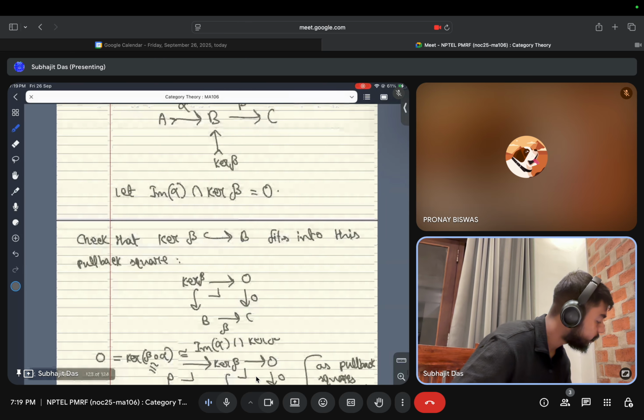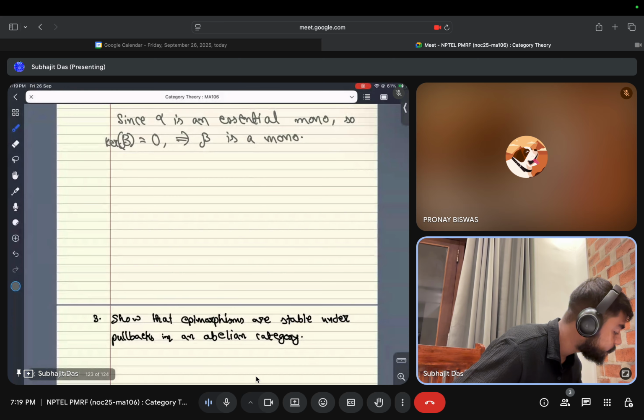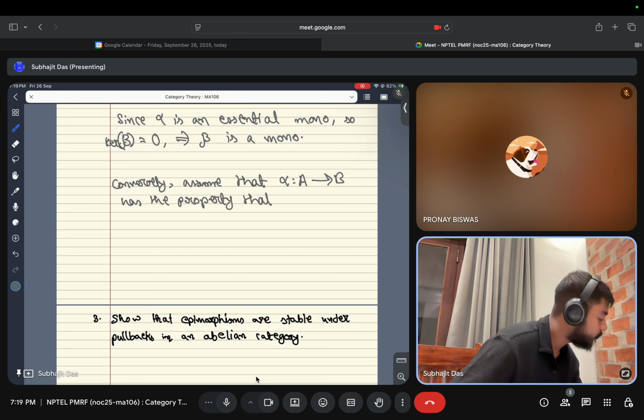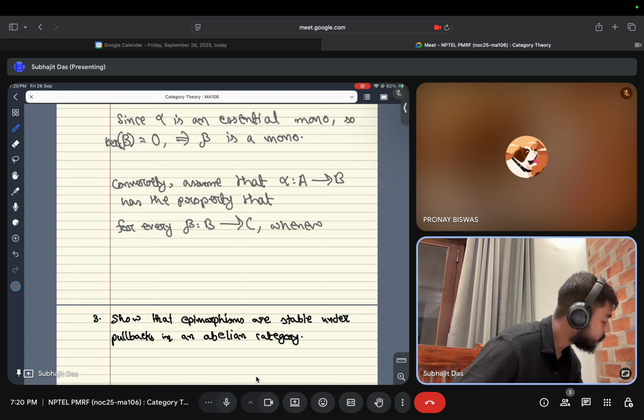So let's write it properly so that we don't get confused, or I don't get confused. So conversely, assume that alpha from A to B has the property that for every beta from B to C, whenever beta composed alpha is a mono, then alpha is a mono.